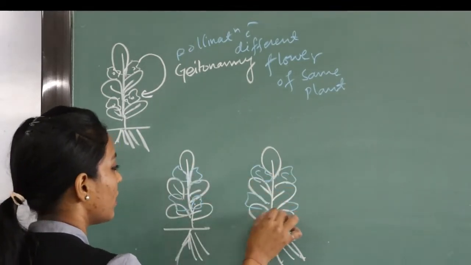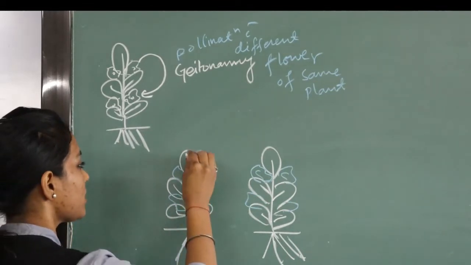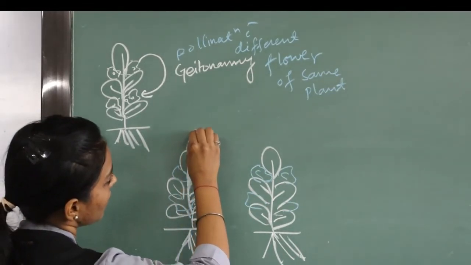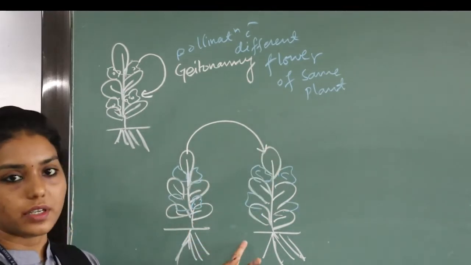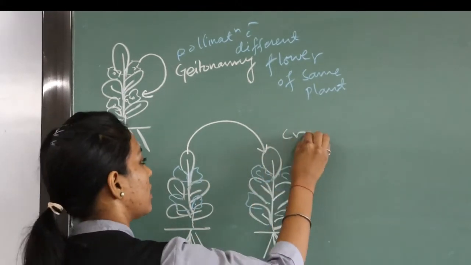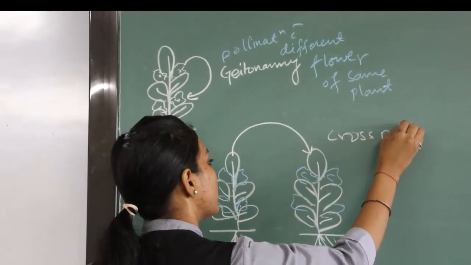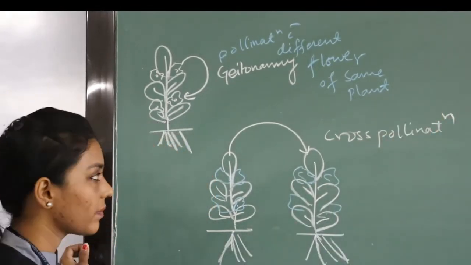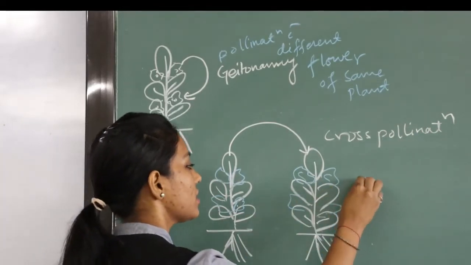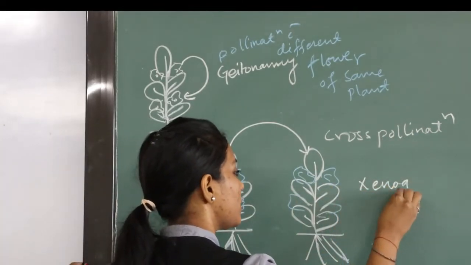Now the pollination occurring with a flower of a different plant is called cross-pollination, and this type of condition is seen in xenogamy.